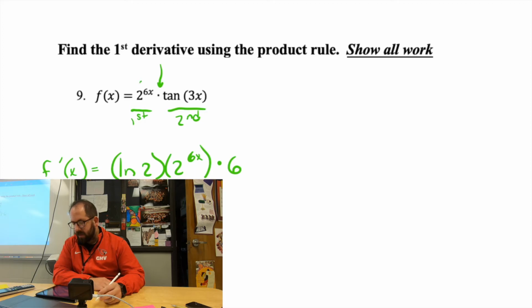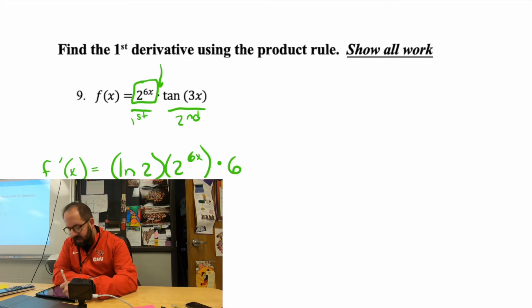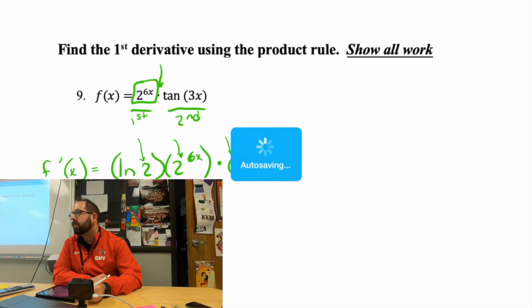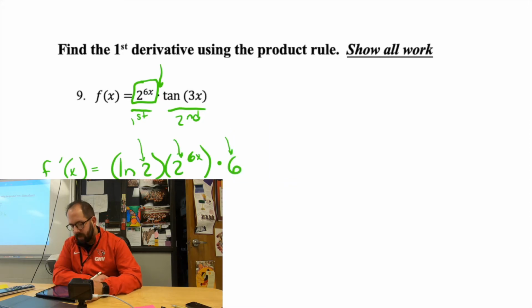When you take the derivative of an exponential, it will be the natural log of the number that was the base, times the original item you started with, times the derivative of what's in the power. That's a chain rule.